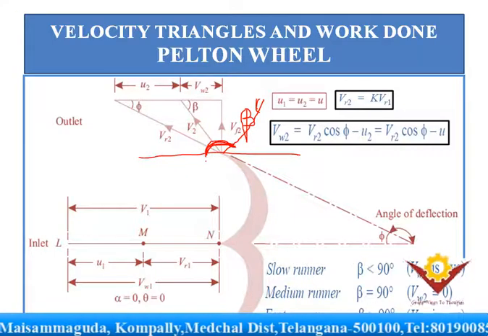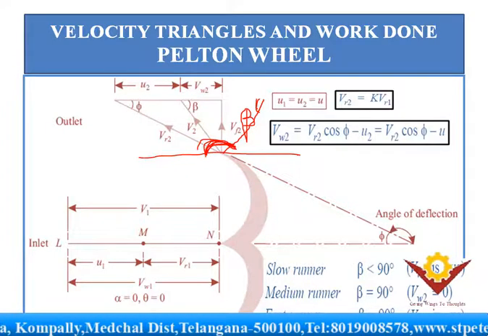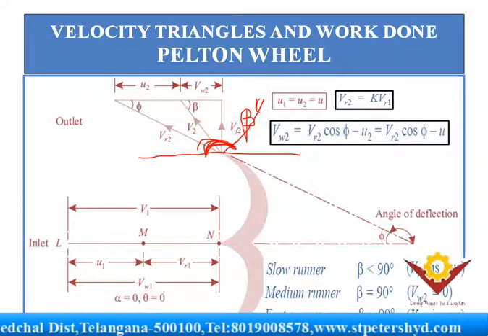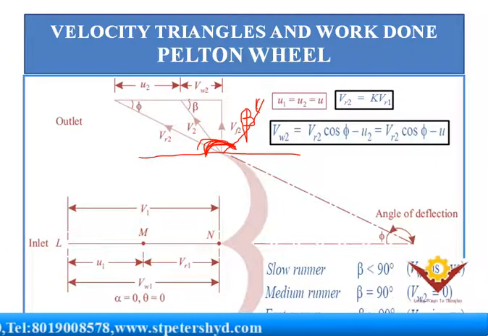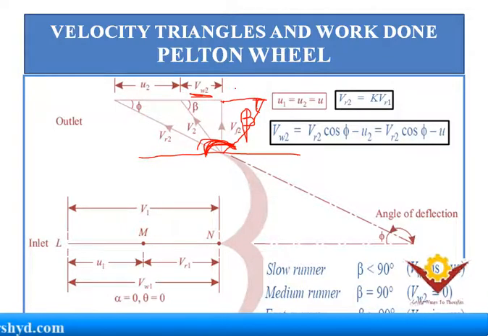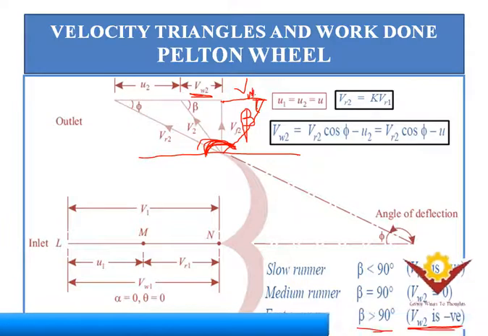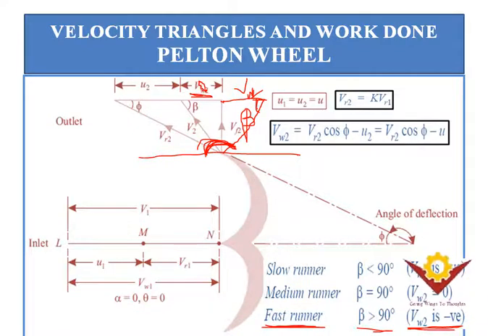This angle is more than 90 degrees. At that particular point, it is a faster runner, and you can take VW2 as a negative one. Why? Because your VW2 will shift from here to here, and this will be your VW2. Clear? You won't get this VW2, you're going to get the VW2 here.